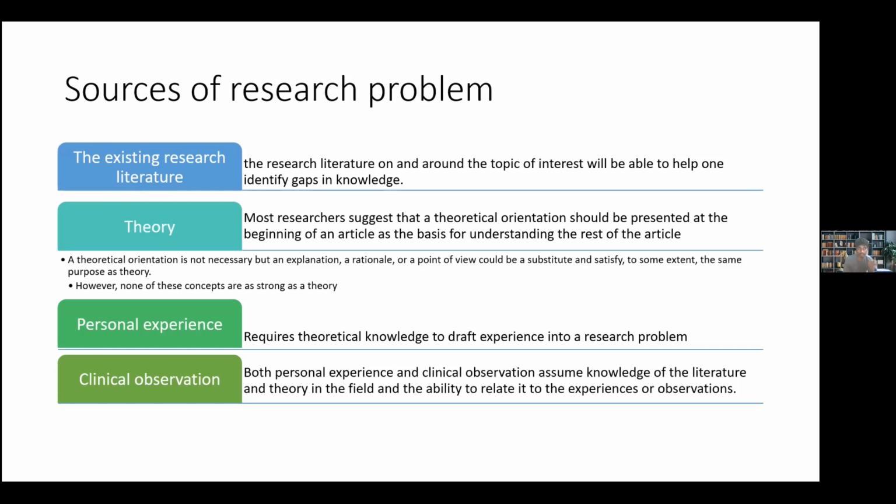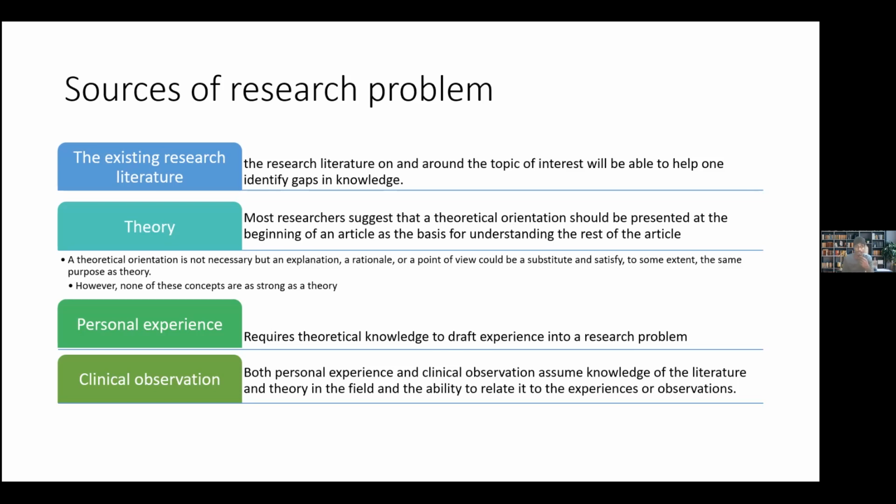Most researchers suggest that you need to have a theory first, then draft your research, and then have a research problem. In certain research papers, if you do not talk about the theory in the introduction, people actually reject the paper based on that.